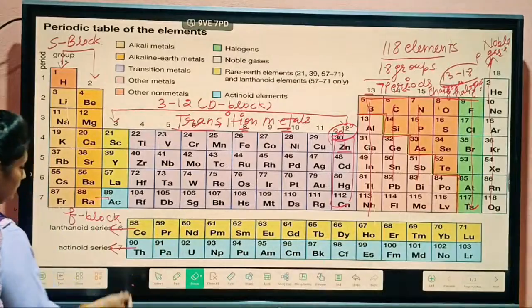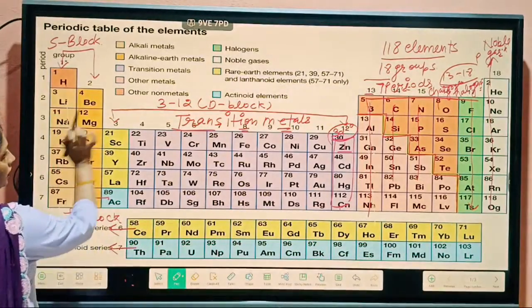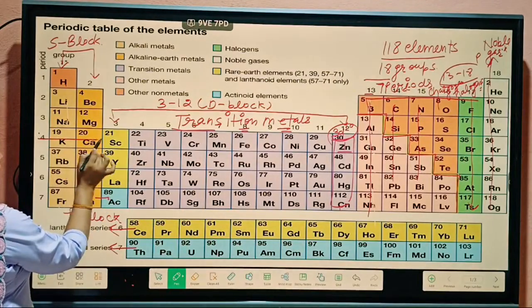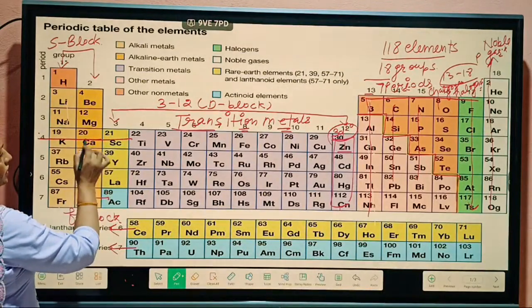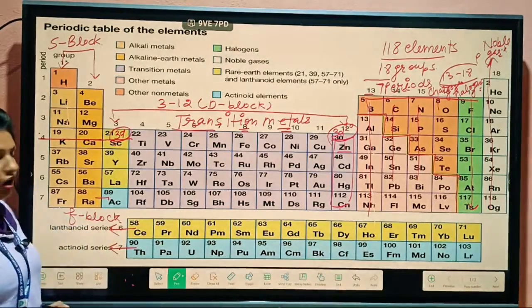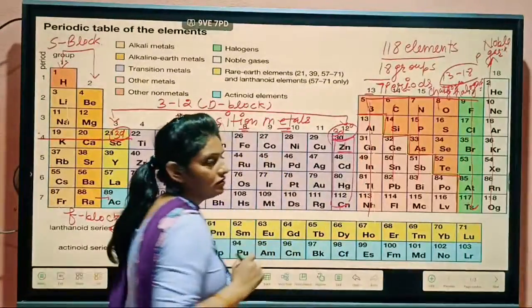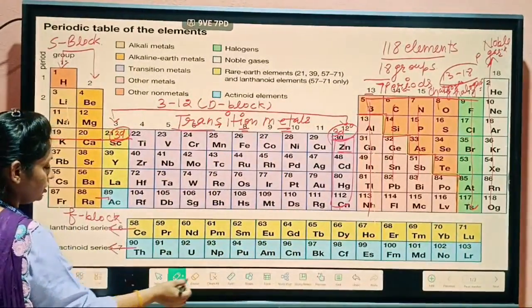So students, in this, there are 4 series. This one is known as the 3d series, only scandium to zinc. Okay.